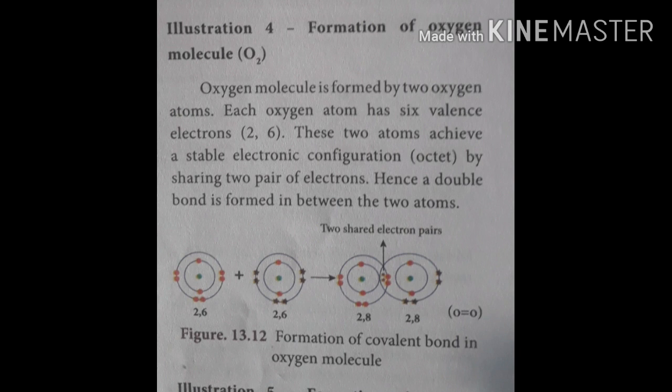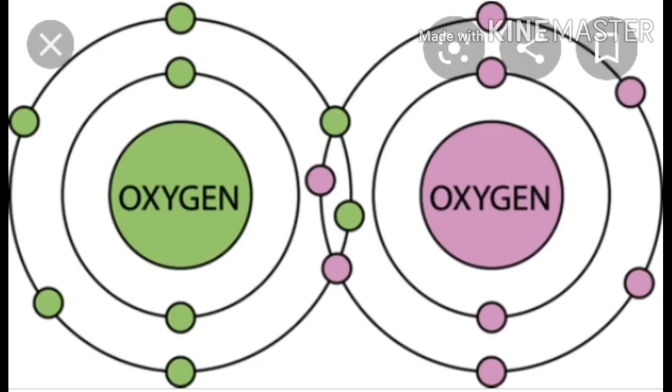In order to attain a stable electronic configuration by sharing 2 pairs of electrons, oxygen needs 2 more electrons to attain the stable inert gas configuration of neon, that is 2, 8. Neon is the nearest inert gas configuration to oxygen, so it tends to attain the nearest electronic configuration of neon.